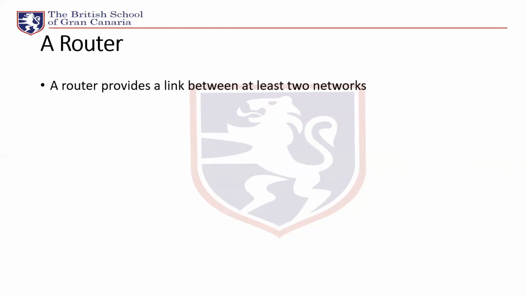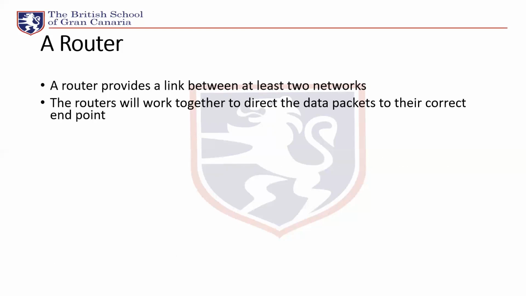Sending the picture from your phone to your friend's phone involves two networks: your phone is connected to your router, and your friend's phone is connected to their router. So that's going from your network to their network.